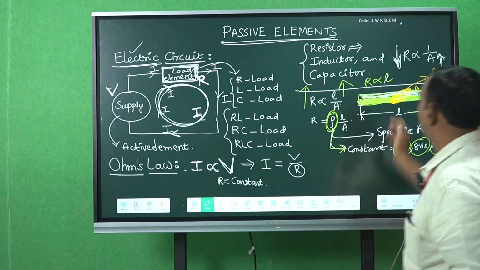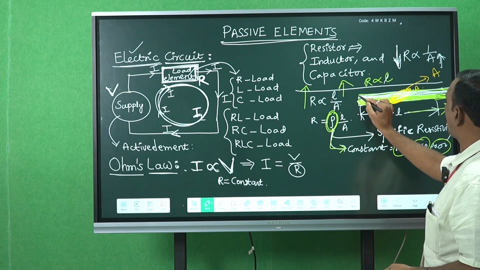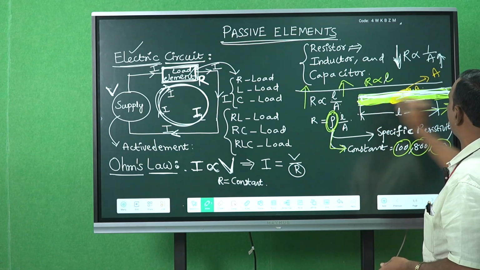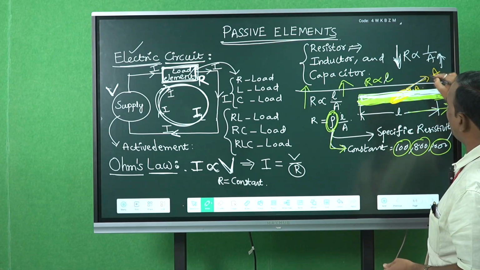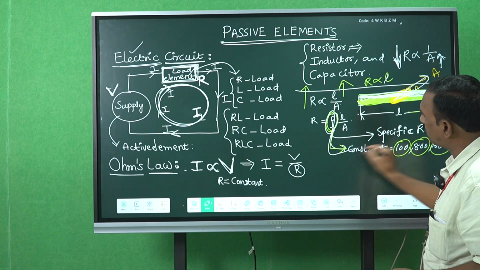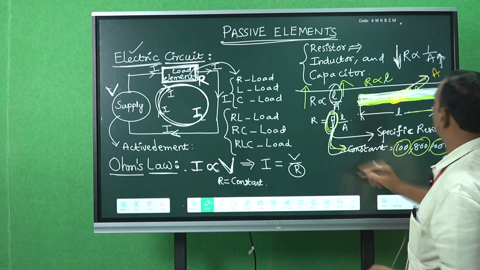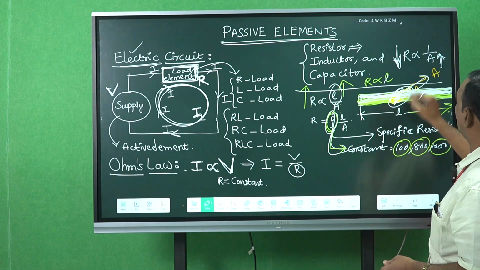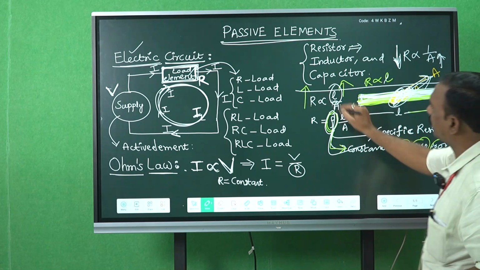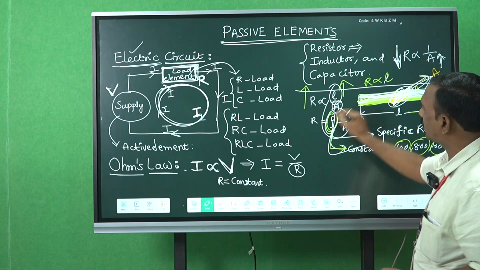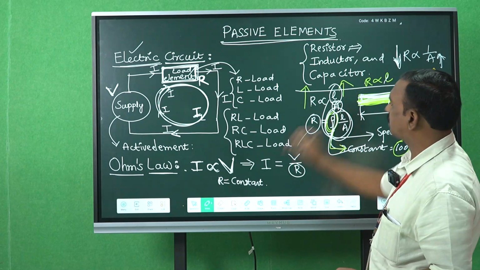So after constructing the resistor or rheostat, the material is constant, rho is constant, the length of that material is also constant, L is constant, and the cross-sectional area of that material is also constant, A is constant. So if all these elements are constant, then resistance is constant.